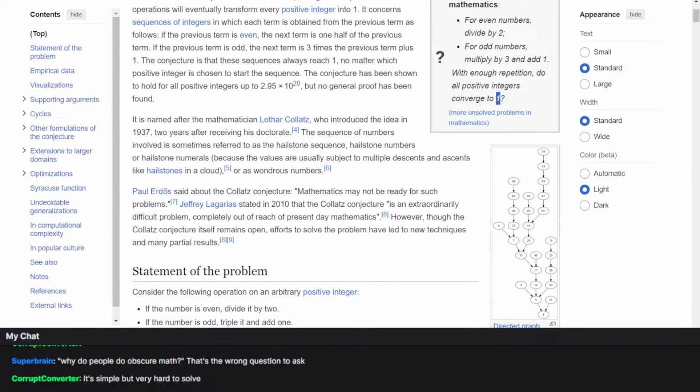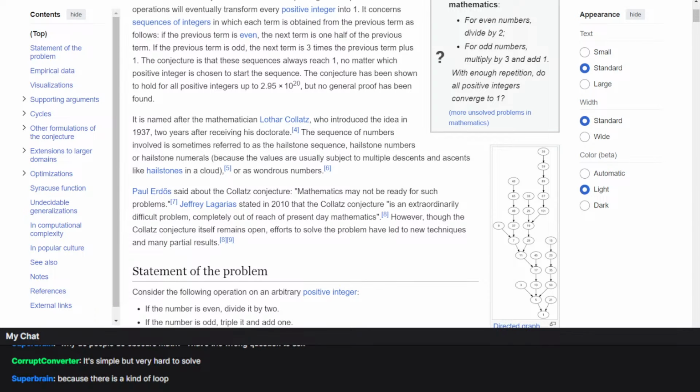Converge to 5 or 10 or whatever. Corrupt Converter says it's simple but very hard to solve. But how does it even appear solvable? I don't know. With enough repetition and evolution, it feels like asking, to me, this is what it looks like.